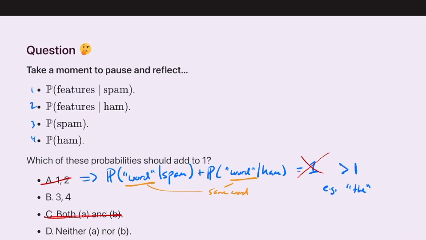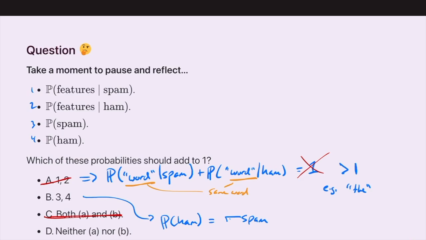So let's look at 3 and 4 together, and let's write this out. This is essentially saying the probability of ham equals the complement of spam. And this winds up being true because in this sort of world, we really care about an email being either spam or not spam.